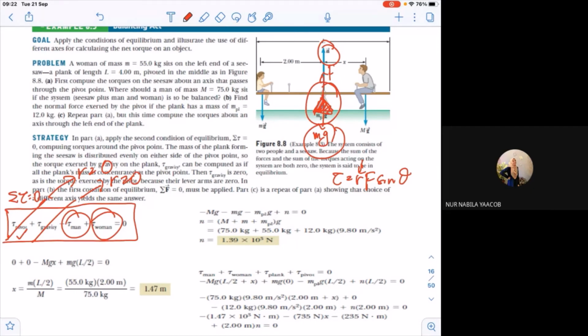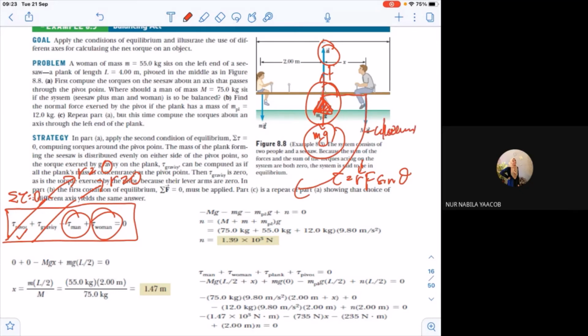That depends on the situation. The center of rotation is at the left of the man, while the center of rotation is on the right side of the woman. So in this case, let's say this is the rotation, the man is actually clockwise.